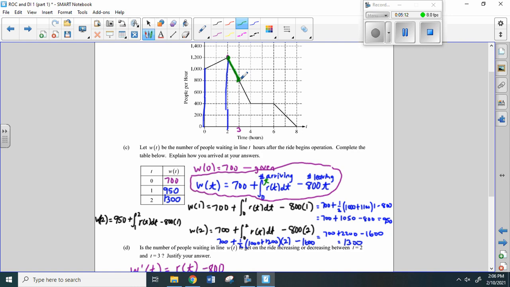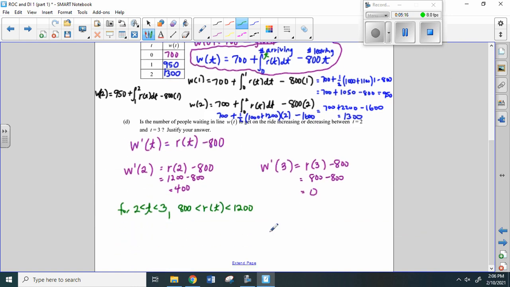Okay, now I put them in numerical order. 800 comes before 1200. All right, so for the time between 2 and 3, we know R of t is between 800 and 1200, which means W prime of t is between 0 and 400, which is what we just proved by finding W prime of 2 and W prime of 3.